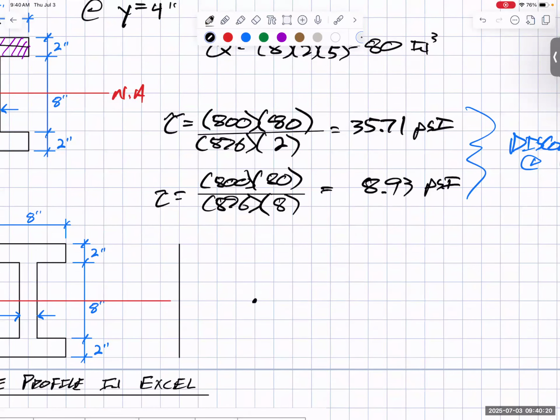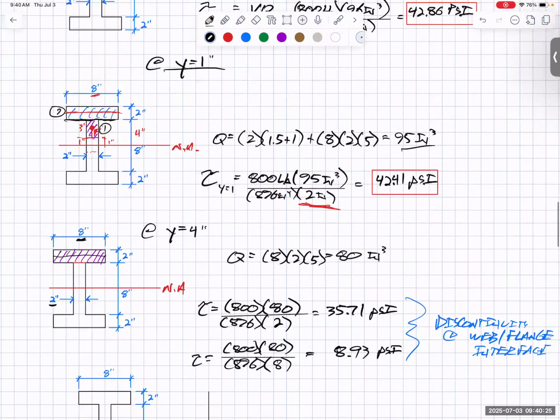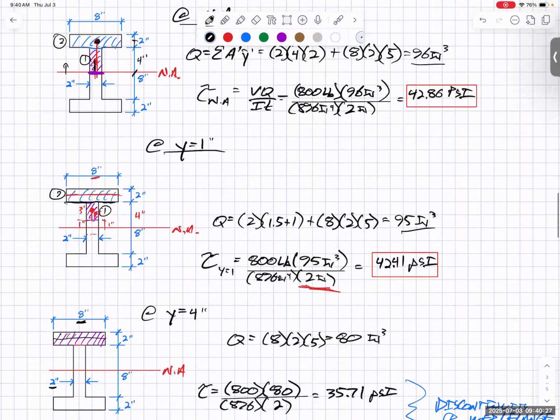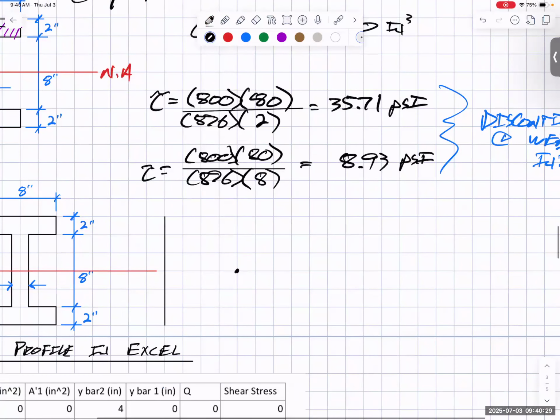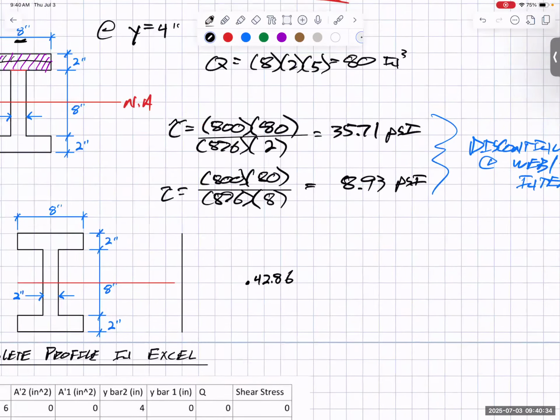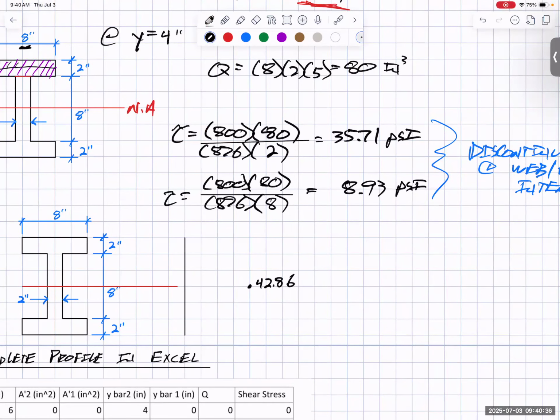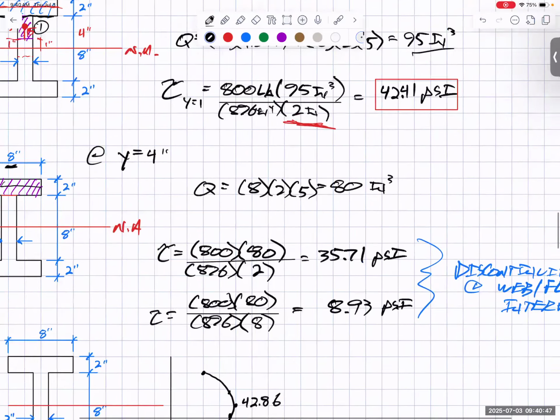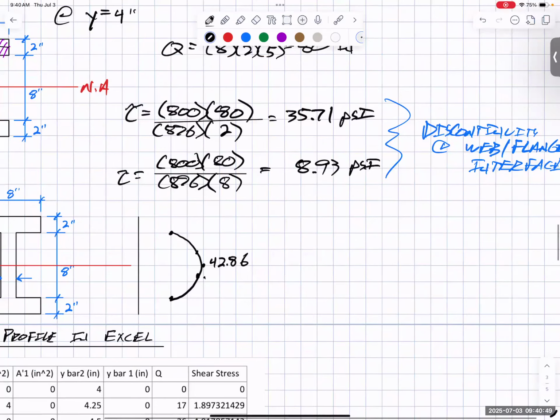Remember we said we have this parabolic shape, and that maximum was, I forget, 42.86. Then it decreases parabolically until I get to this web flange interface. I'm going to put a little dot here, and I know what those 2 points are, 42.41.